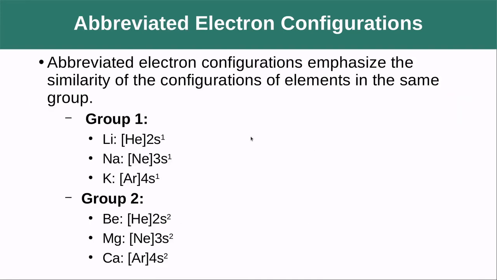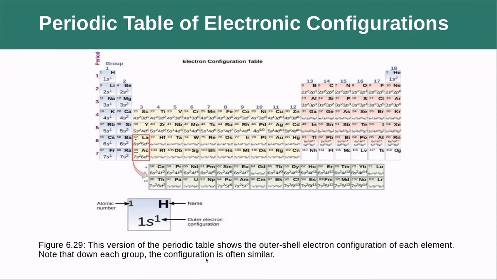Here's some more examples using various different compounds, and this abbreviation using the noble gas. Here is a very convenient table that is going to help you to do that, where basically what it has here is just the valence electron configuration for each of these guys. So what you would do is say I want to do calcium here, that's 4s2.